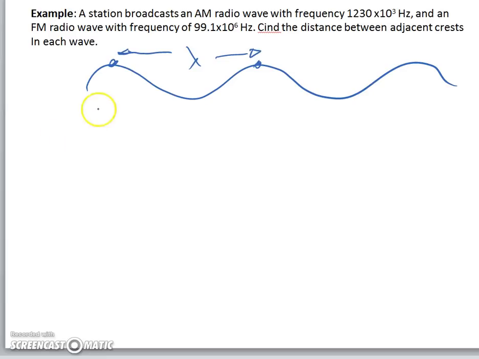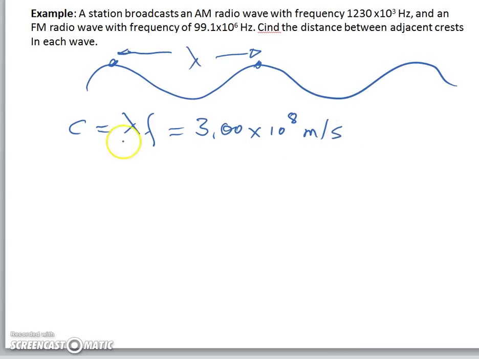the information given. So what we know is that the velocity of light is equal to the wavelength times the frequency, and the velocity of light in air, to a very good approximation, is the same as that in a vacuum, which is 3.00 times 10 to the 8 meters per second.